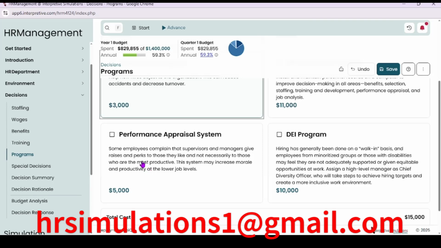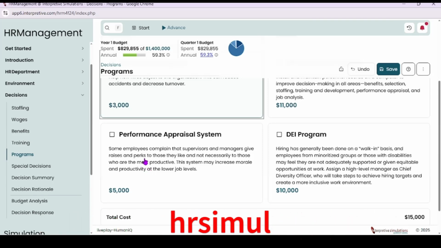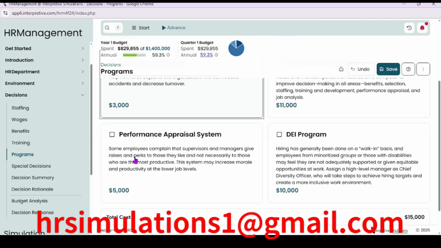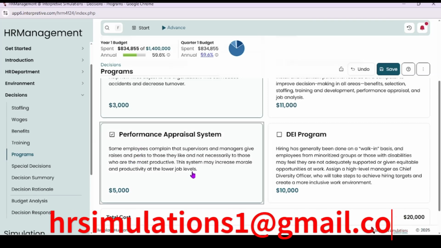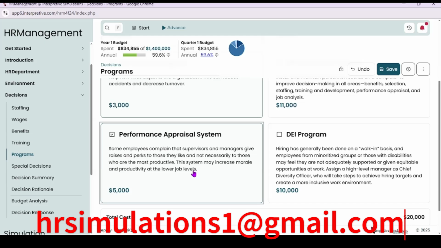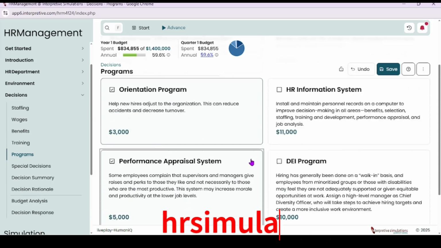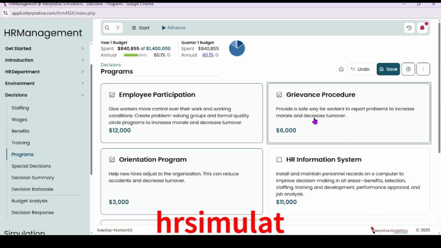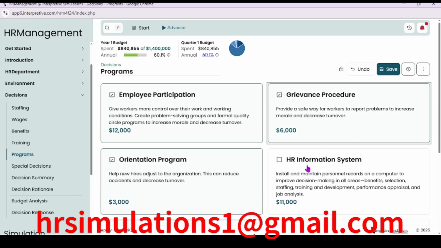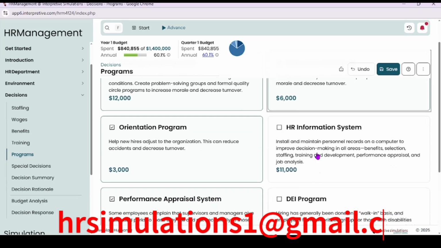So the performance appraisal system, also I'm going to invest on it because it will help some employees that complain to supervisors and managers that they give raises and perks to those they like. So I'll invest only 5,000. And the grievance procedure, also I'm going to invest on it because I need to provide a safe way for workers to report problems to increase morale and maybe to decrease the turnover.